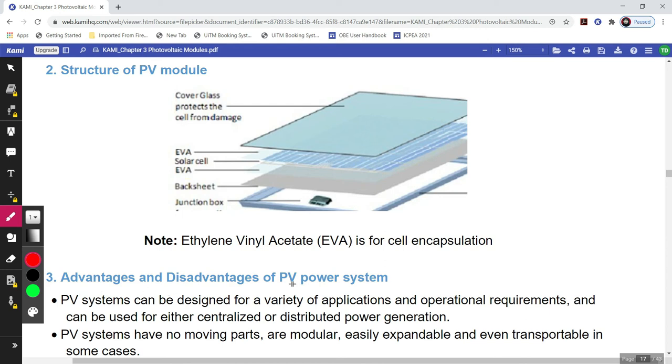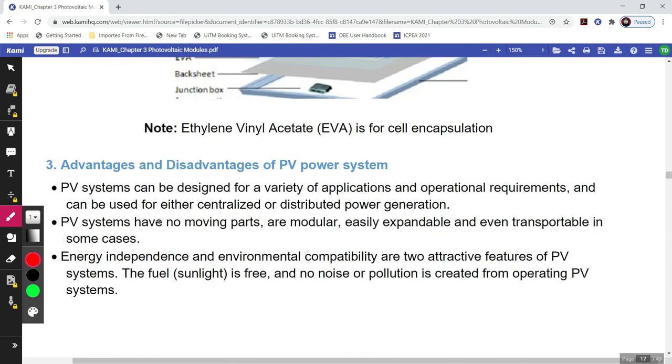Advantages and disadvantages of the PV power system. A PV system can be designed for a variety of application and operational requirements and can be used for either centralized or distributed power generation. A PV system has no moving parts. For example, PV systems installed with a fixed structure are modular, easily expandable and even transportable in some cases.